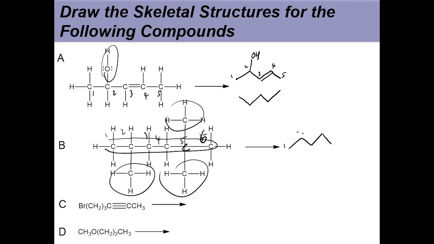So 1, 2, 3, 4, 5, 6. Now the attachment we're looking at here is on number 2, there's a CH3. On number 5, there are actually 2 CH3s. Of course, when you actually draw the skeletal structure, you don't have to show the numbers. The numbers are just for your own reference.